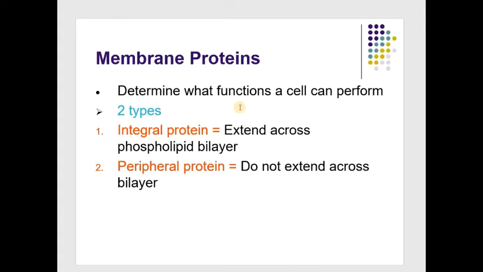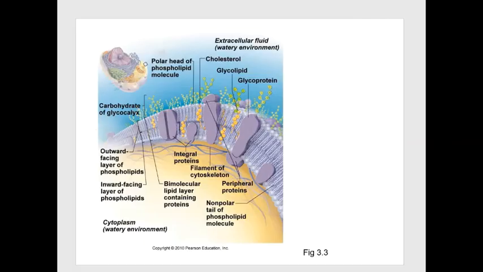We have integral proteins, which extend across the entire phospholipid bilayer, and peripheral, that only extend part way. Okay, so we have, again, the integrals that are going to extend the whole way, and this is actually a peripheral, okay, that's going to just be on the end.